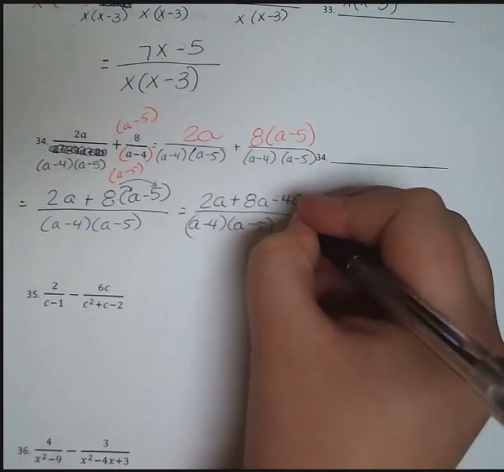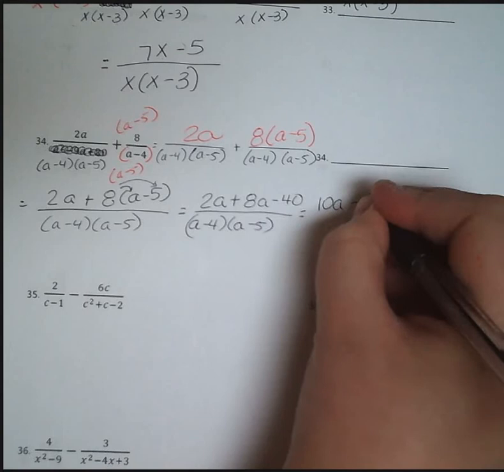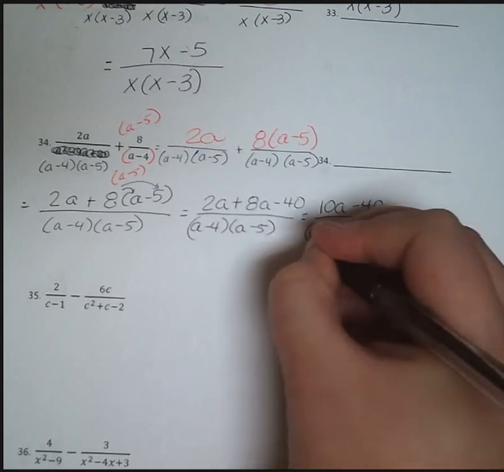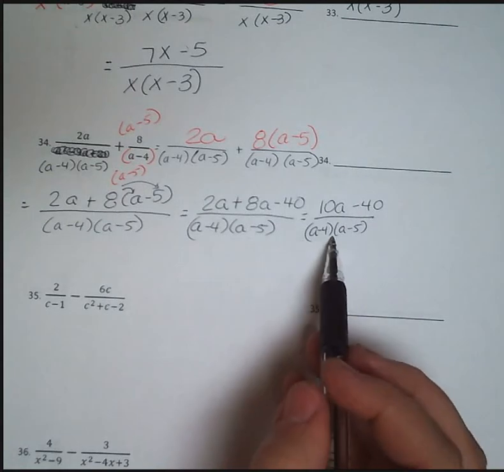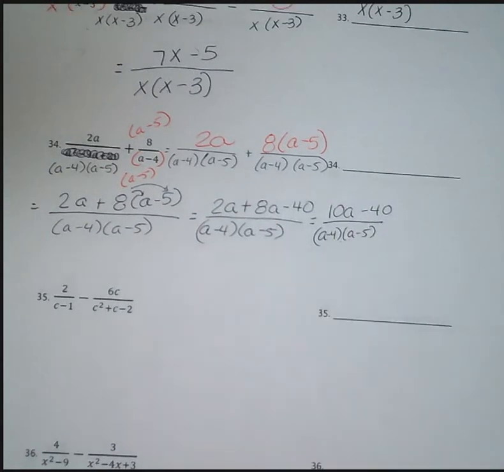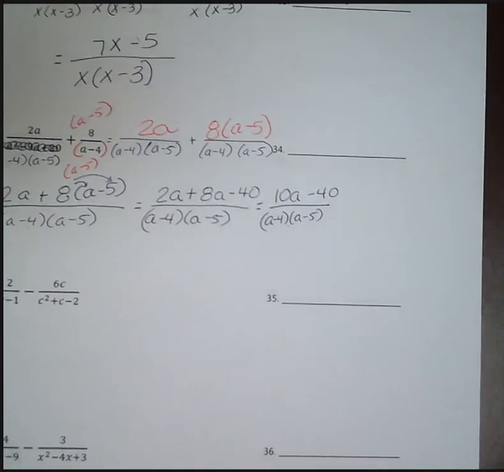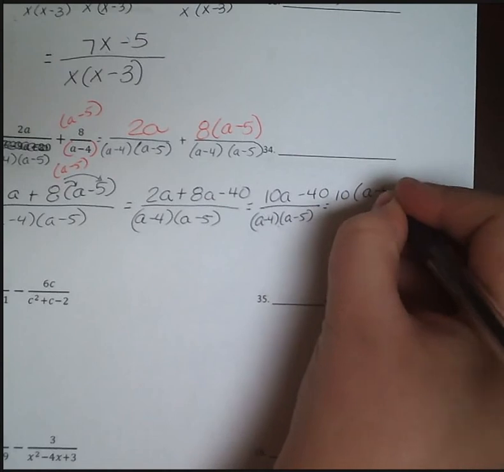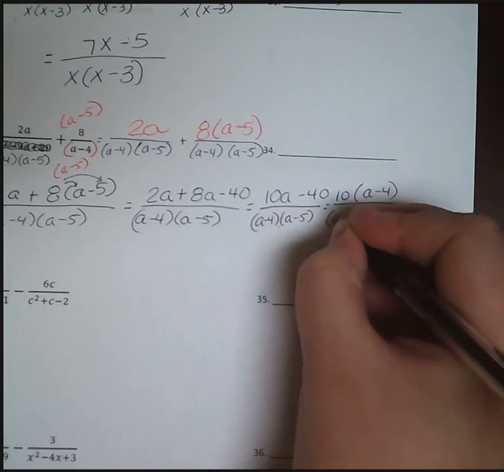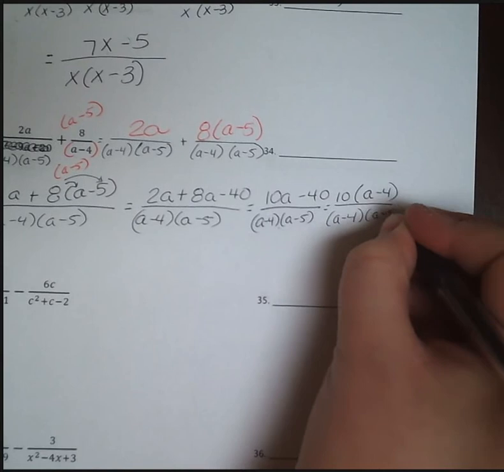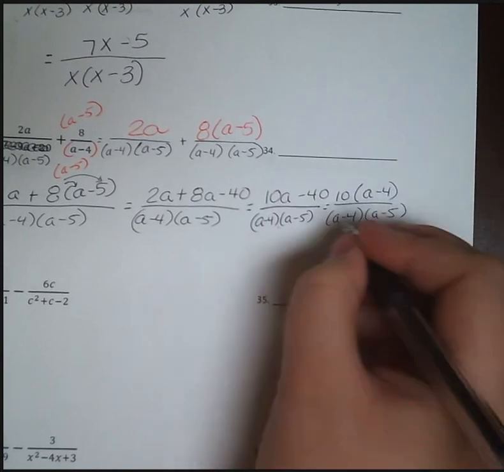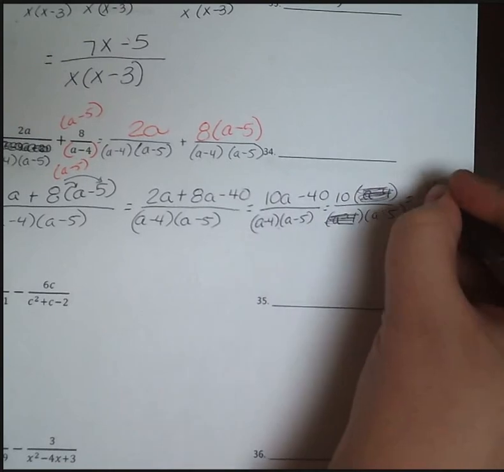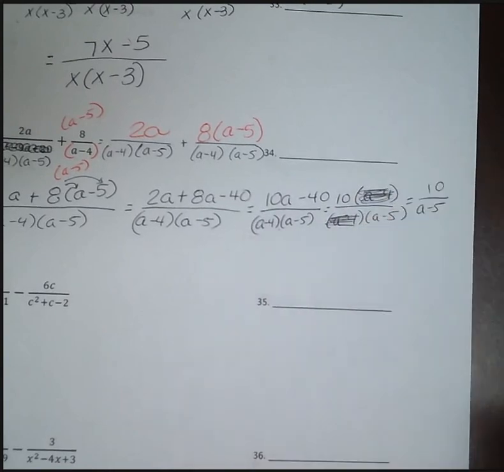Combine your like terms to get a minus 4 and a minus 5 on the bottom and 10a minus 40 on top. Now we can factor out a 10 to give us a minus 4 and then a minus 4 and a minus 5. Our a minus 4's cancel, which leaves us with 10 over a minus 5.